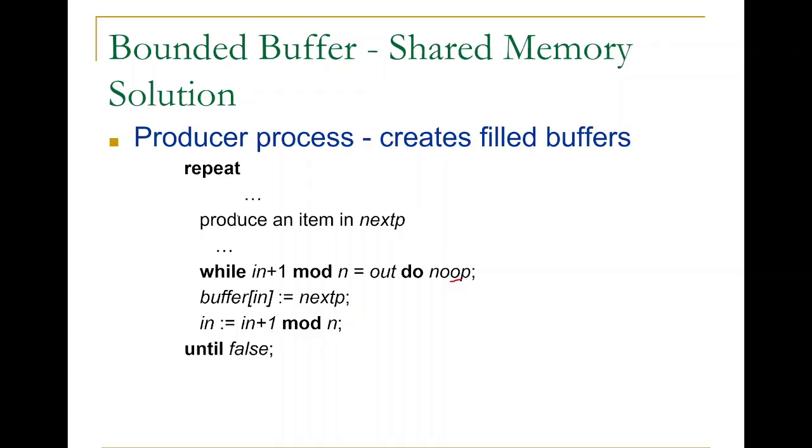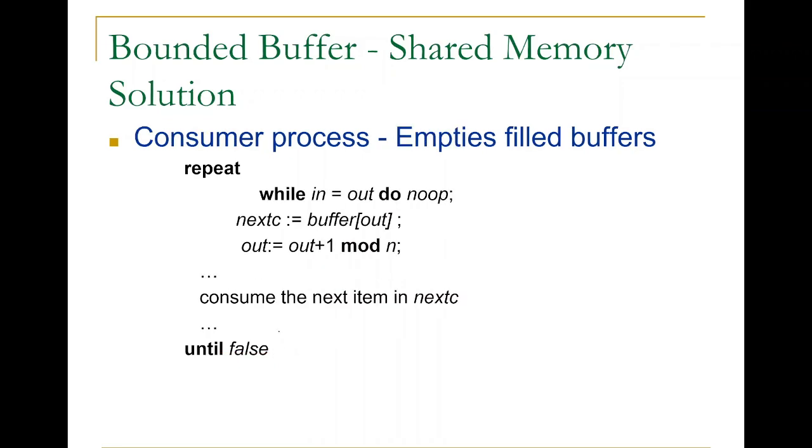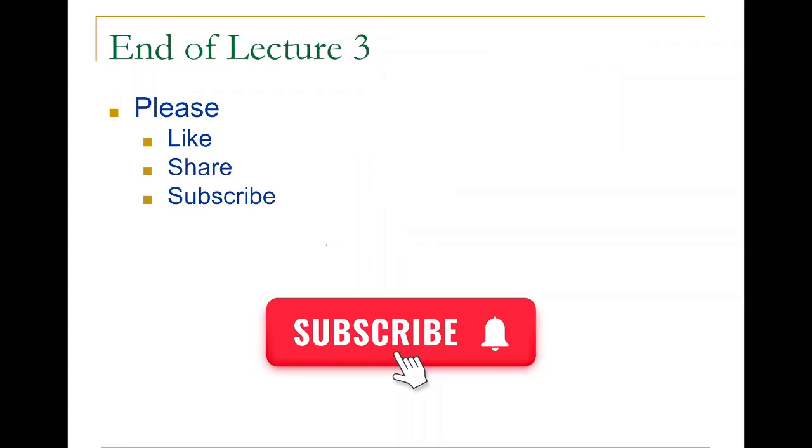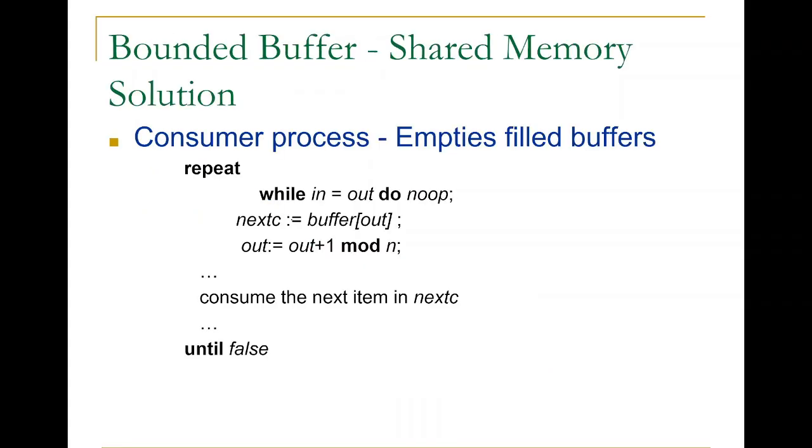So this is our producer situation here. As long as it is not false, you keep incrementing in until it is false. That means there's no more space to add into the buffer. Then the same thing applies to the consumer.